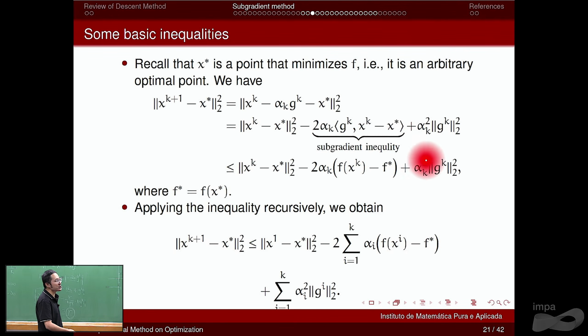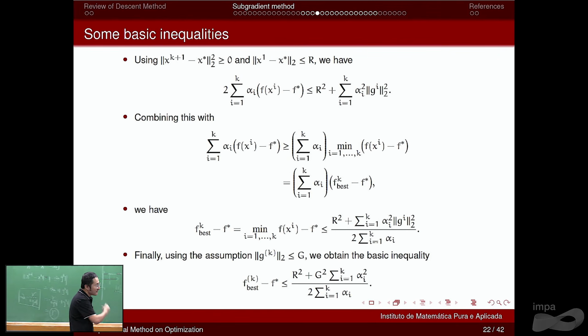And another summation is related to the step size times the subgradient. Okay, and then we use two facts. The first fact is this square term is non-negative, and the second, as we mentioned in the assumption, this is less than the capital R.